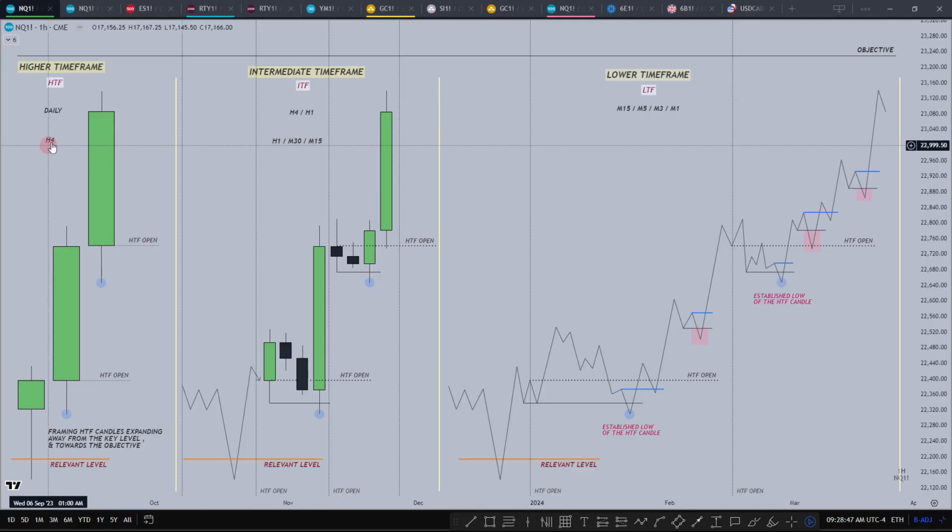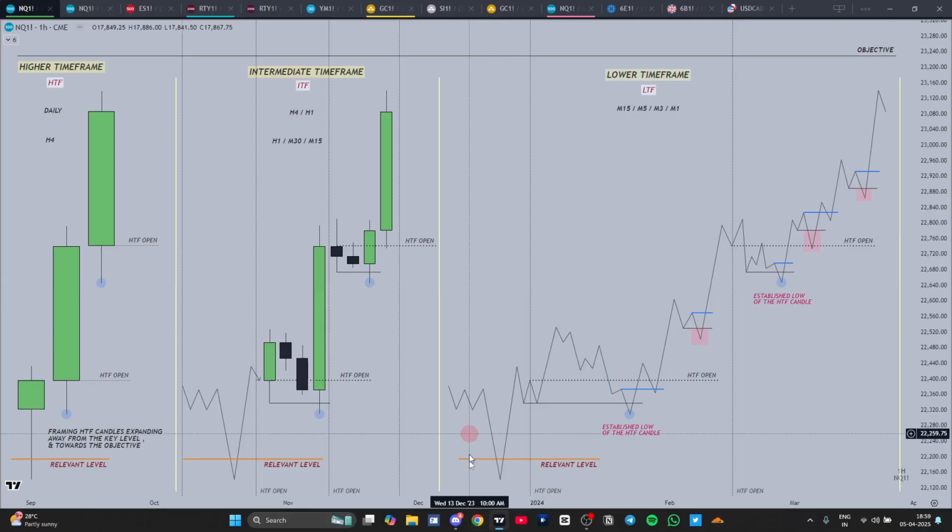So when the idea of H4 candle formation, open low high close expectation for H4 candle, price forms this structure on this intermediate time frame, I then frame intermediate time frame candles towards the objective. Framing these intermediate candles away from the current high time frame candle's low when bullish or high when bearish is my approach basically.